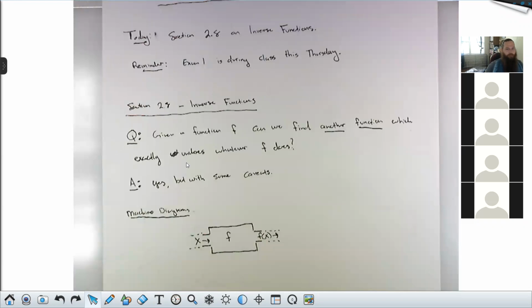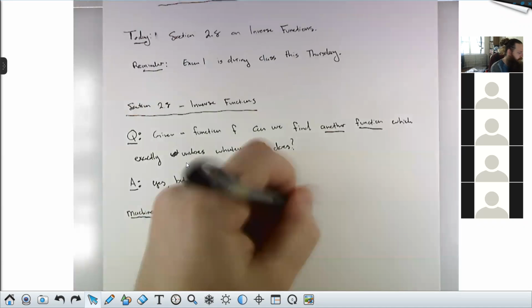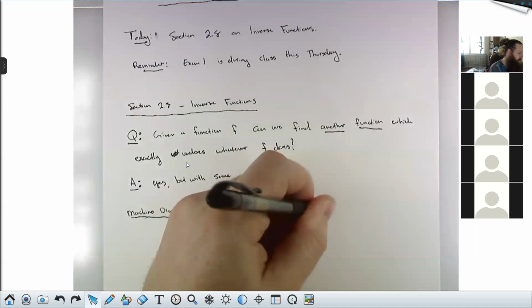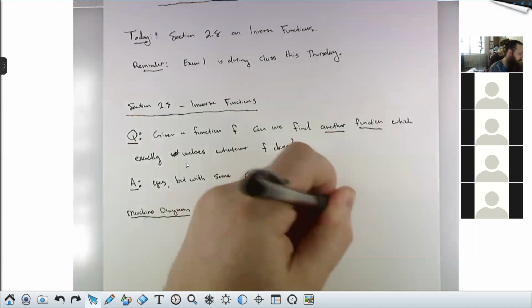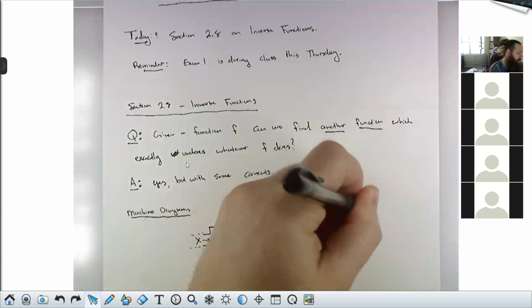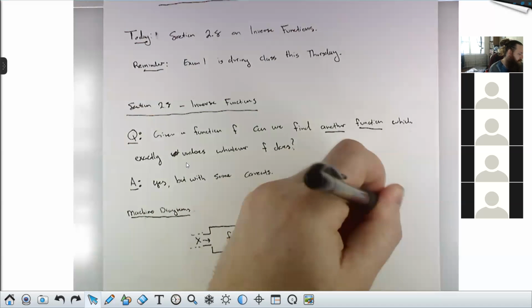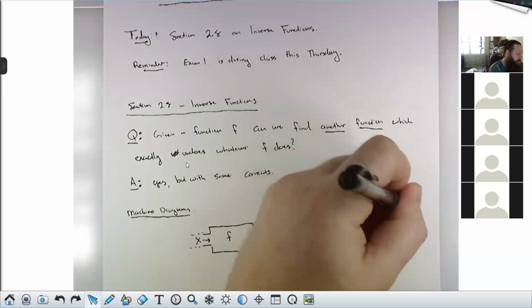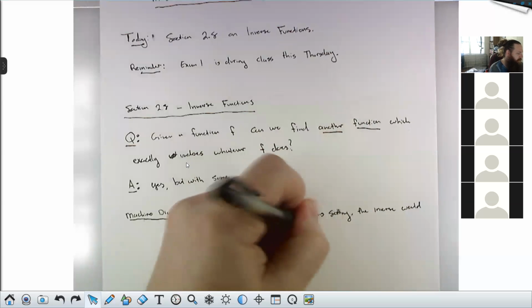In this setting, the inverse would be running the machine backwards.